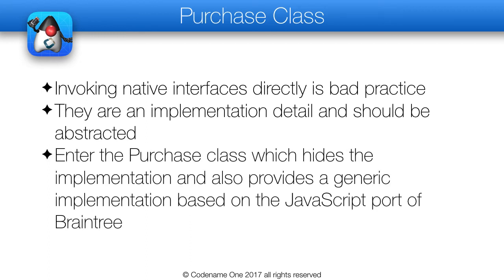In this code, we even have an attempt at fallback code based on the JavaScript port of Braintree. It doesn't work all that well, but that's mostly because I didn't pay that much attention to it.